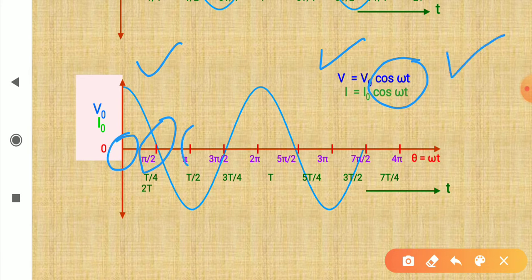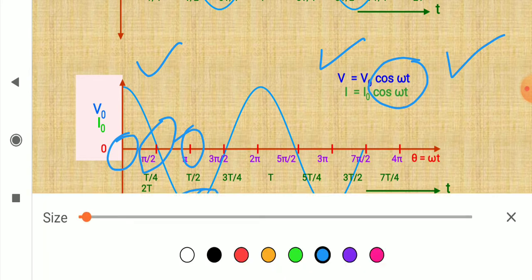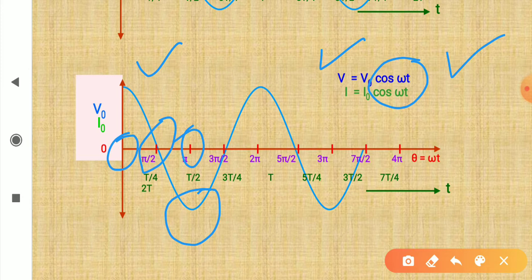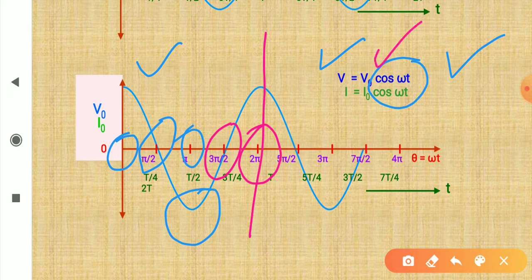At pi, cos pi is minus 1, so becomes maximum in opposite direction. And then at 270 it becomes 0 again. Then at 2 pi, the cos 2 pi is plus 1, so V also becomes maximum but in other direction.